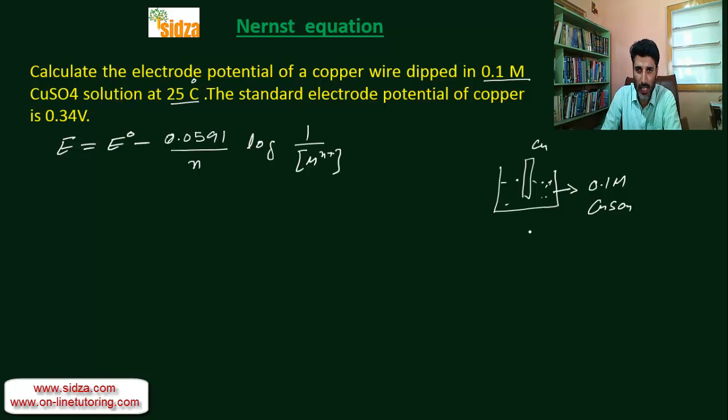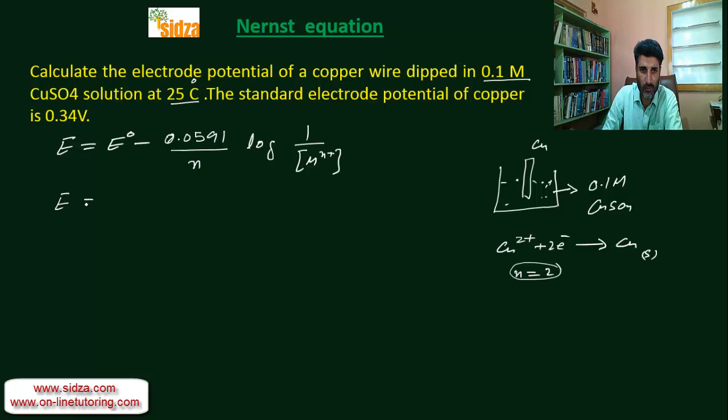So over here we have the copper electrode. We know the copper ions will take 2 electrons and form solid copper. This is the electrode reaction. Which means that n for copper here is 2. So I can put the values here.